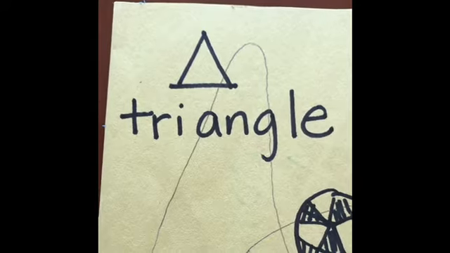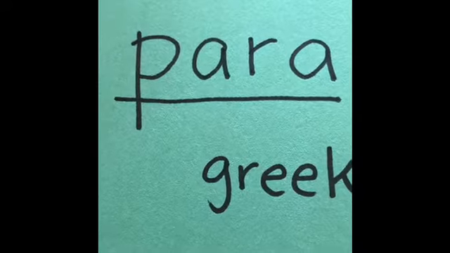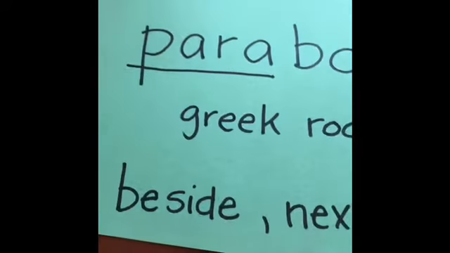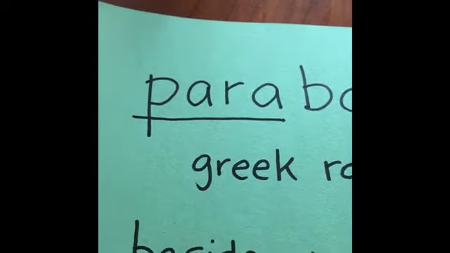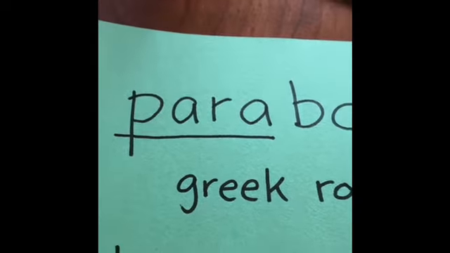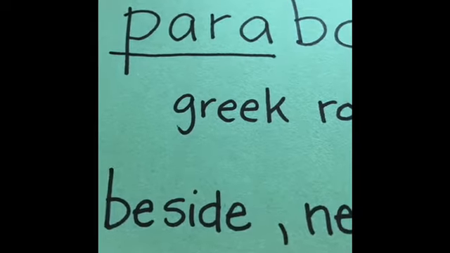If it has tri, it probably has 3 of something. Just like the word parabola has para. So anytime you have words that have that group of letters in it, maybe there's some kind of meaning that's something like beside or next to.